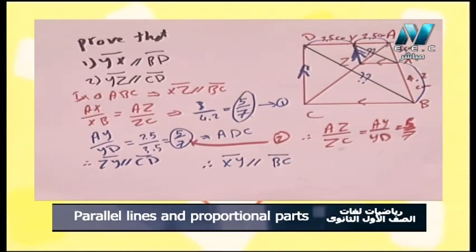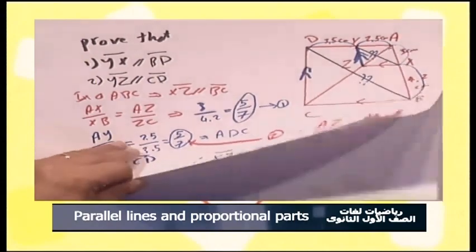We have also something called Thales theorem. We have our scientist called Thales, so this theorem is for him, so we call it Thales theorem. Thales have drawn many parallel lines like that.